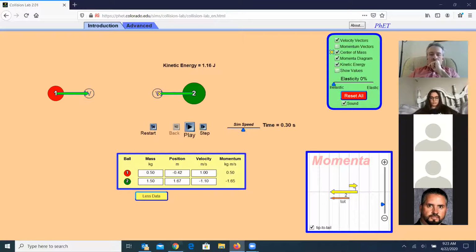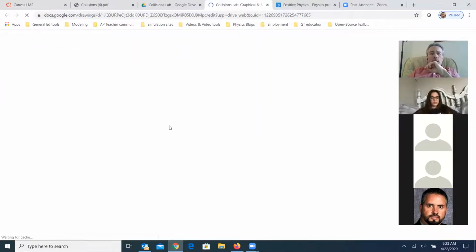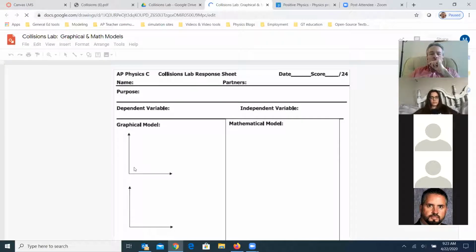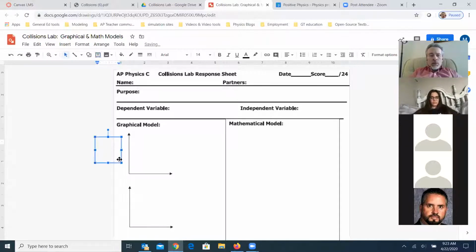And I just shared whiteboards with you. All I want is for you to sketch what your graphical model looks like. Label the axes, so this would be final momentum, and the units would be kilograms times meters per second. You could do the same thing for the other axis too.